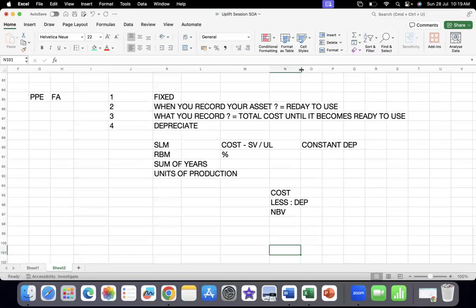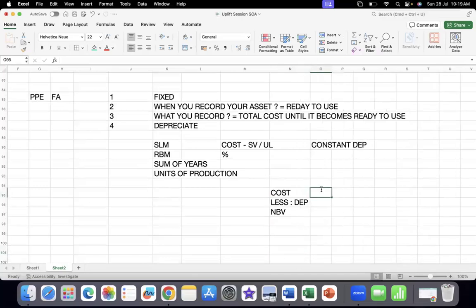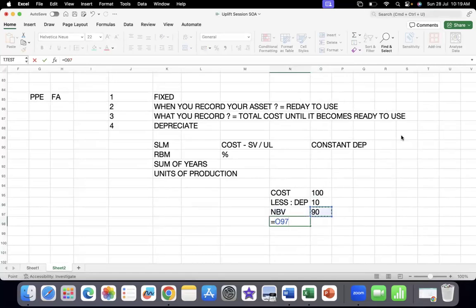And because you're using the reducing balance method, let's say the cost is 100, 10% is depreciation of 10, and the net book value is 90. The next year, the depreciation of 10% will be applied on the net book value instead of the cost. So this would be the depreciation for the next year, and then the net book value.